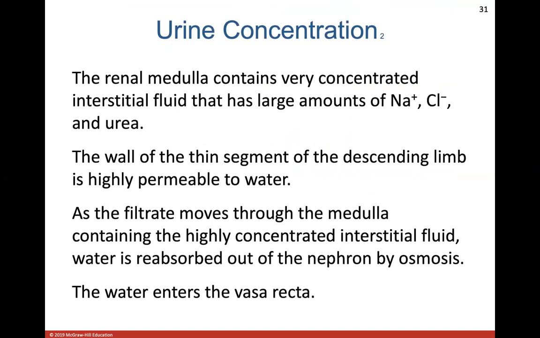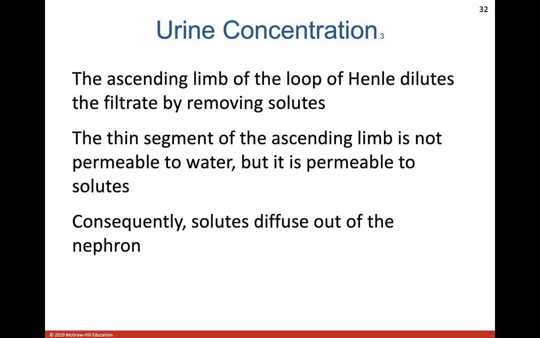The renal medulla contains very concentrated interstitial fluid that has large amounts of sodium chloride and urea, and the wall of the thin segment of your descending limb is very highly permeable to water. So with filtrate moving through the medulla containing highly concentrated interstitial fluid, water will be reabsorbed naturally out of the nephron by osmosis. The water will then enter the vasa recta capillary system that surrounds the loop of Henle.